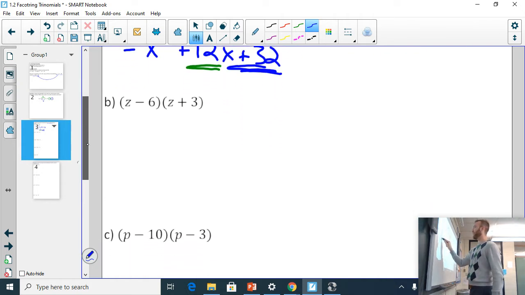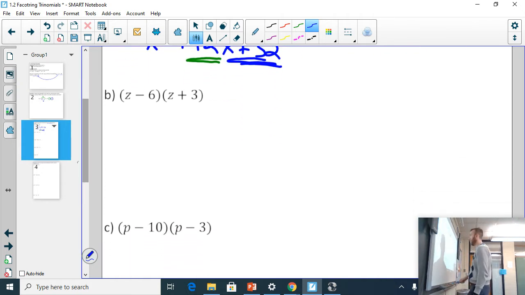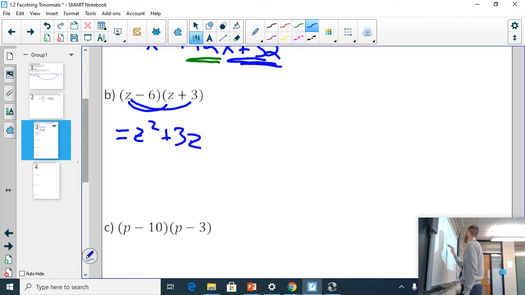We're going to do this a couple more times just so we really get that pattern down. So now, same thing, z times z is z squared. z times 3 is plus 3z. Negative 6 times z is minus 6z. And negative 6 times negative 3 is negative 18.